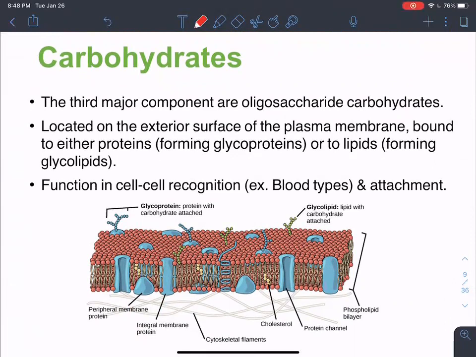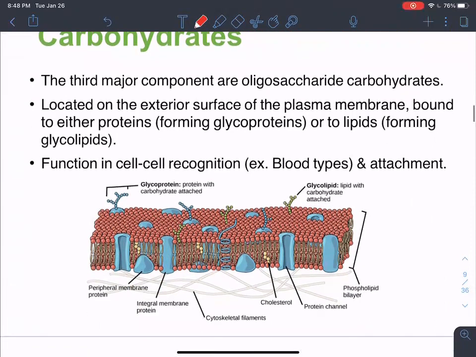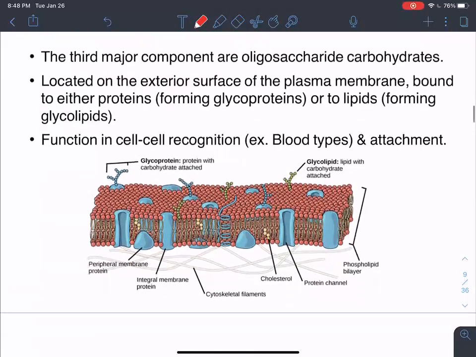So, all right, carbohydrates. They're going to be the third major component, and these are oligosaccharide carbohydrates. They're located on the exterior surface of the plasma membrane. They're going to be bound to either proteins forming glycoproteins or to lipids forming glycolipids. But their function is in cell-to-cell recognition. And this is an example.